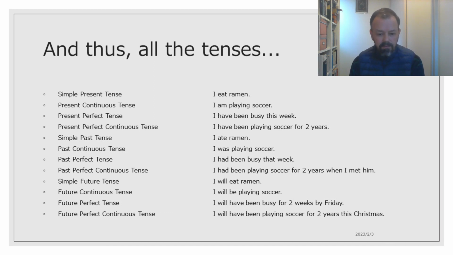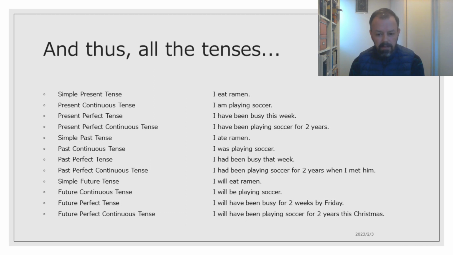The past continuous tense is the same as the present continuous. We use the ing form of the main verb, but the be verb, the auxiliary verb in this sentence, takes the past tense form instead. So am becomes was. The main verb play stays the same.